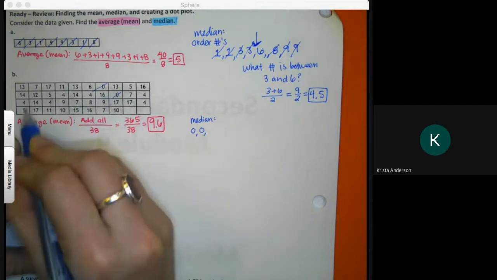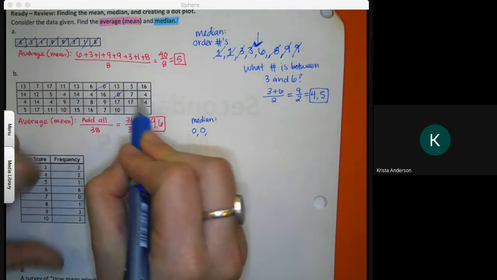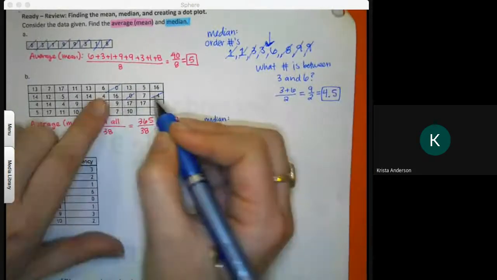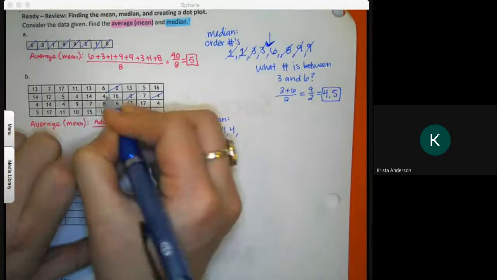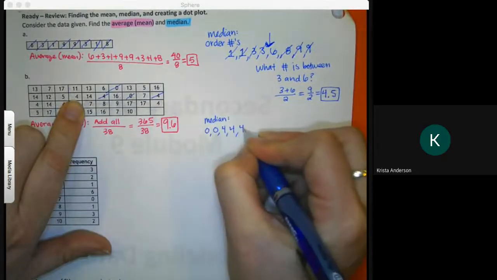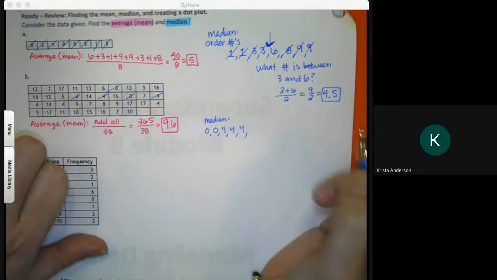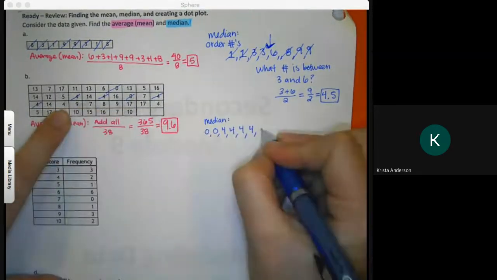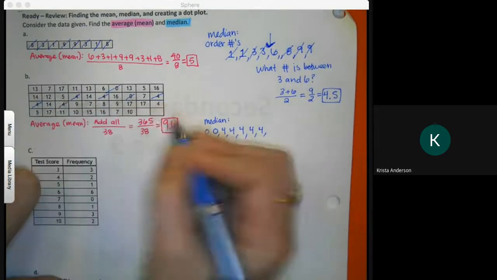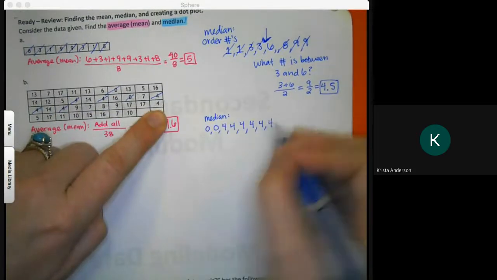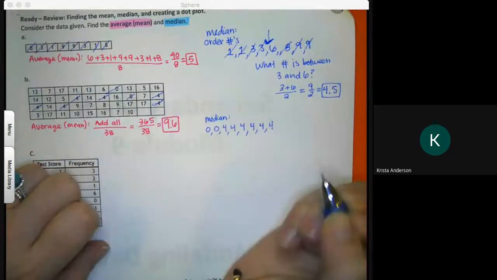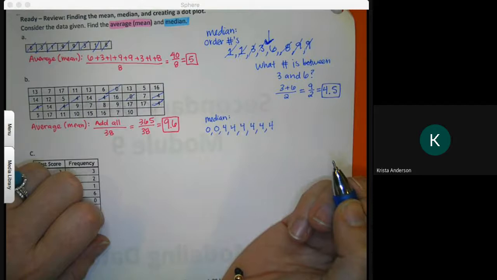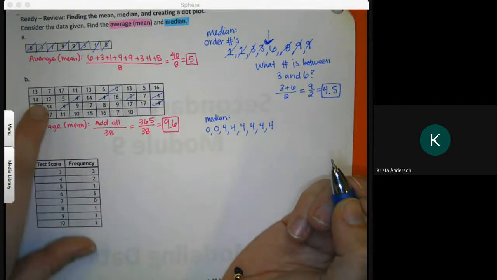Nope. 4s? 4. I like to cross them off once I use them. 4, 4, 4, 4, 4. Any other 4s? No. Okay, 5s.